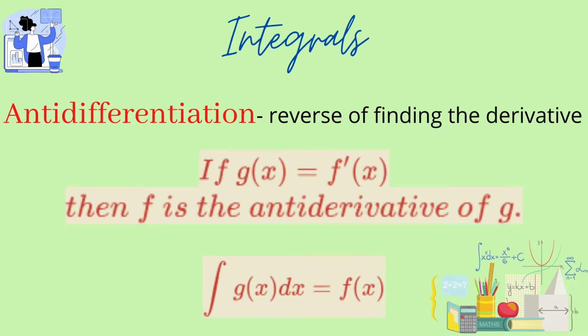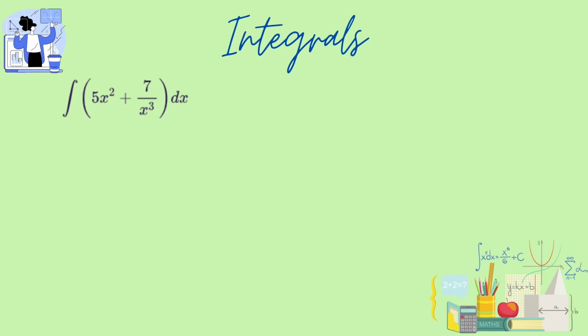Let us recall further antidifferentiation by solving the following examples. Find the antiderivative of 5x squared plus 7 over x cubed. As we consider the reverse of differentiation, we think of what function has 5x squared as its derivative.